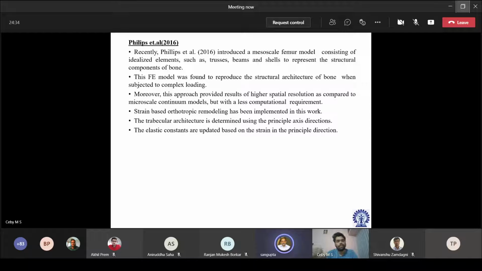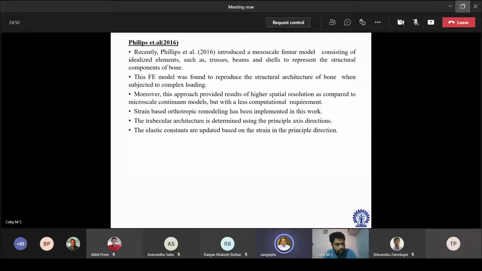One thing, before they go on. See, Phillips in 2016, the essence of the paper is basically on the natural bone, not on the implanted structure.